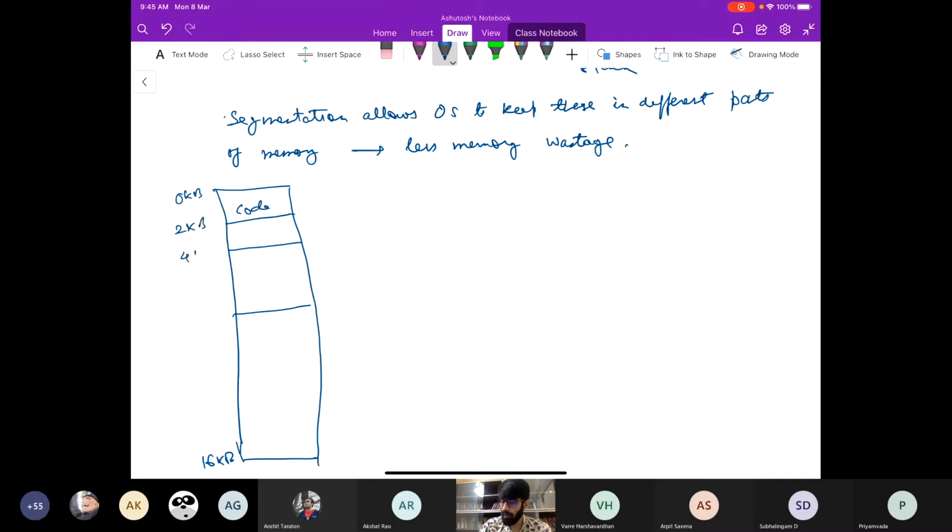Suppose the heap started at 4 KB and it goes till 7 KB, let's say.